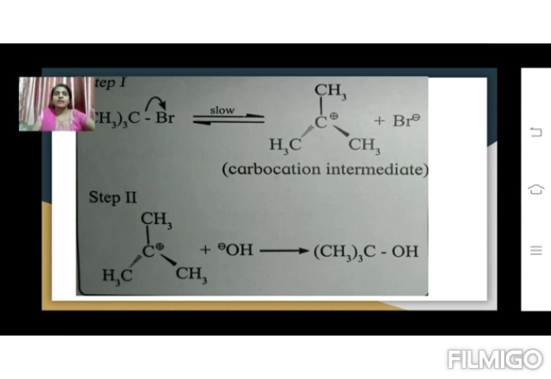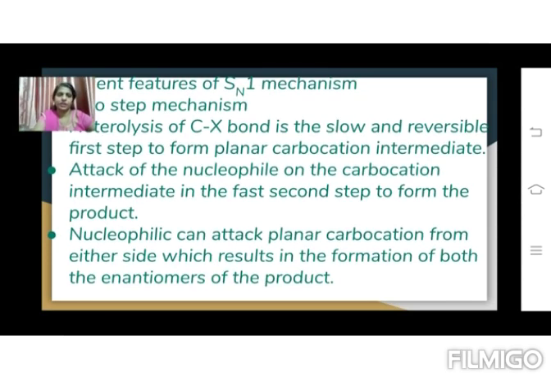There only the backside attack was possible, because the nucleophile and the leaving group have the same negative sign, so there was a possibility of repulsion. Whereas in SN1 the carbocation is there. The attack of the nucleophile can therefore take place from either side, and so there is a possibility of forming the enantiomer. The product formed can be the inversion of configuration or the retention of configuration.